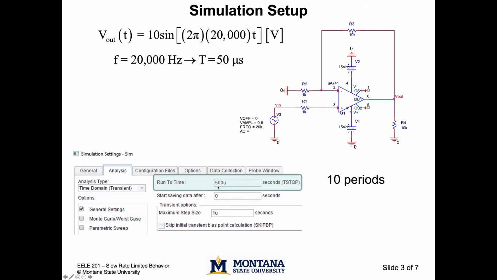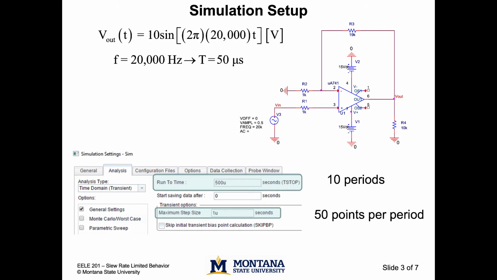Now, 500 microseconds, when you have a period of 50 microseconds, that means that we should see 10 full periods of both the input and the output waveforms. I've chosen a maximum step size of 1 microsecond. So that means that for every period, we will have 50 data points. That's plenty to resolve very clearly a nice sine wave.